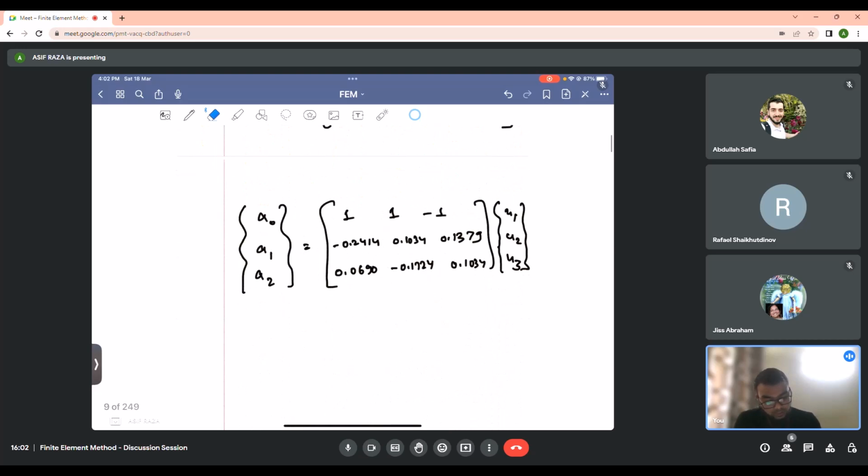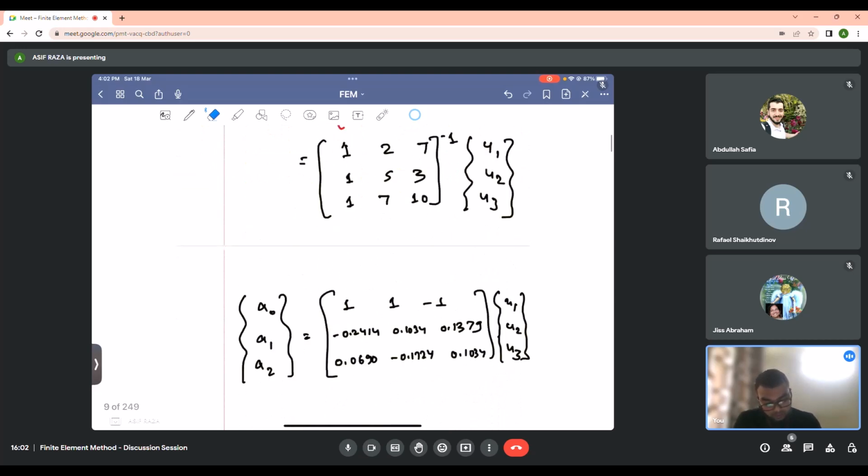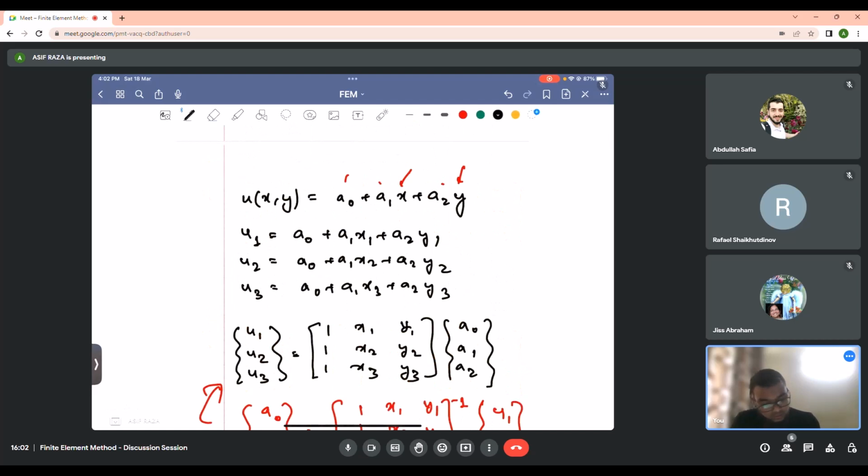So the inverse gave me this solution. Now let's say I write this as equation 1.